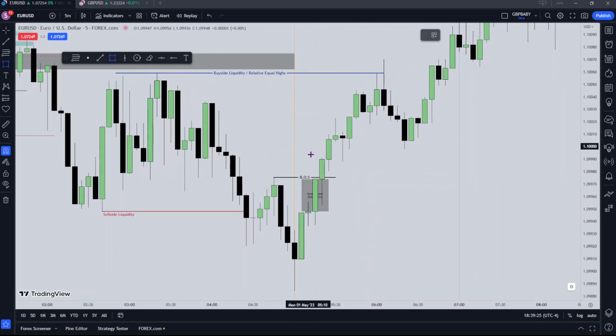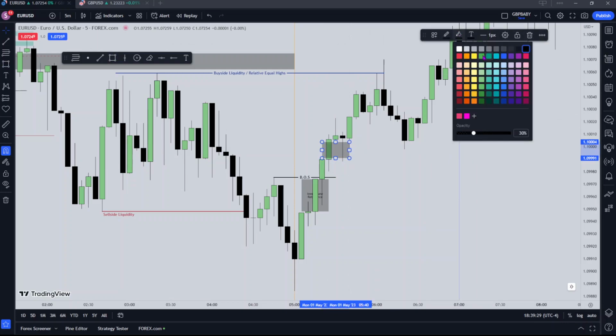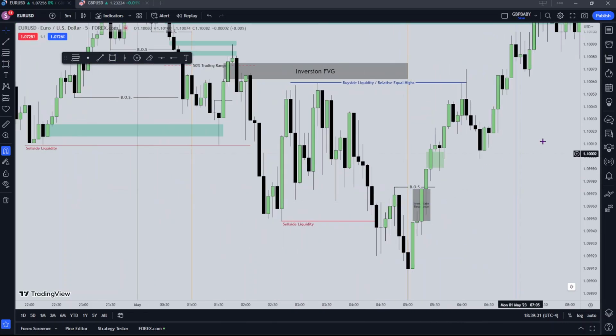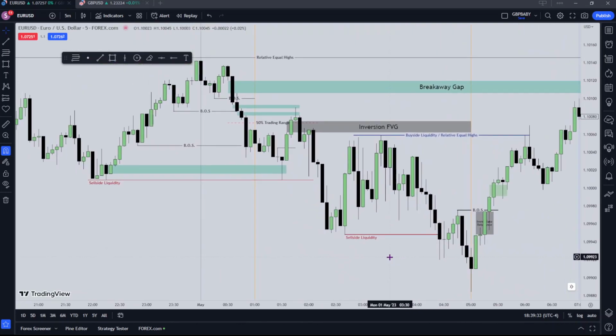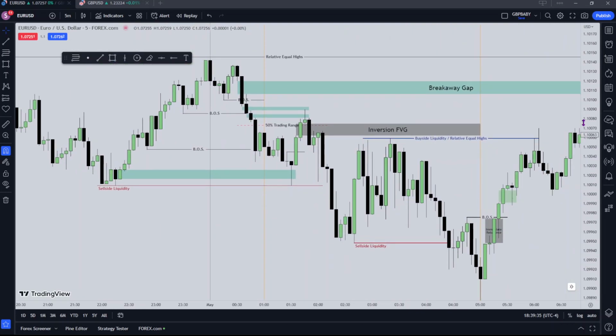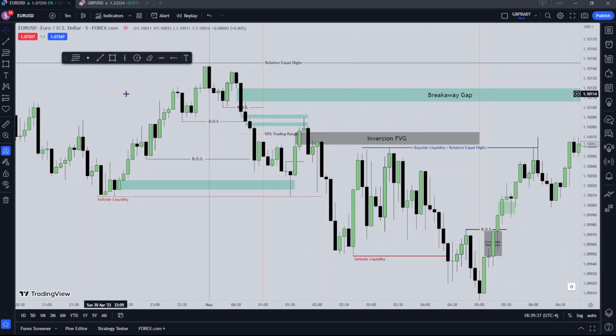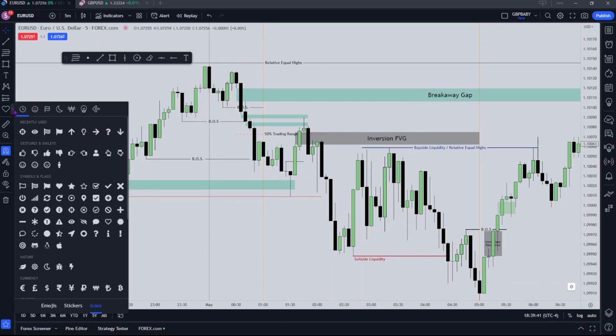We have a nice fair value gap entry here. So what I'm going to do as well is mark out where I'd want to be buying and selling, so that I can get a nice understanding. Let's get the arrow for buy and the arrow for sell. Where's the arrow? Up arrow here.